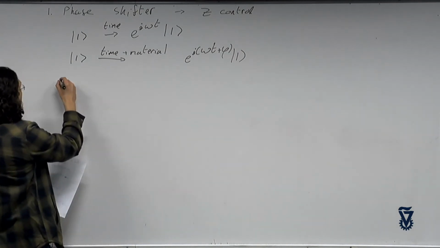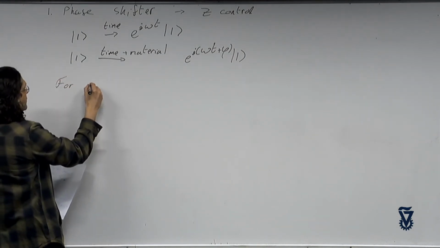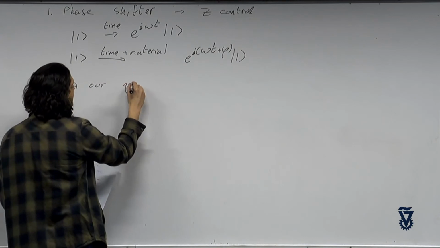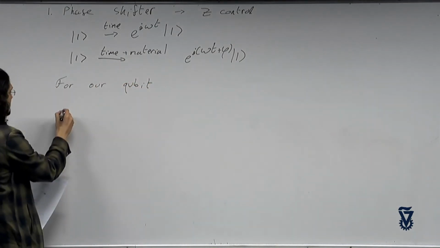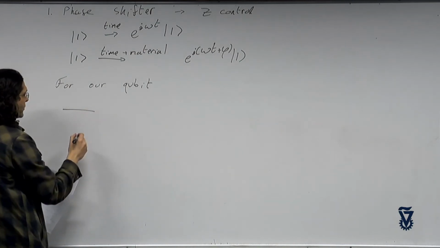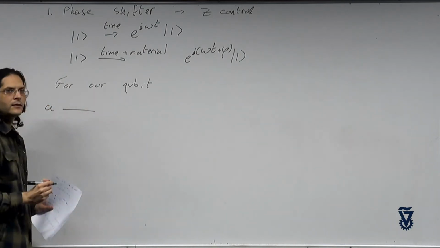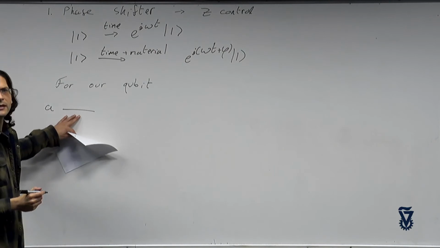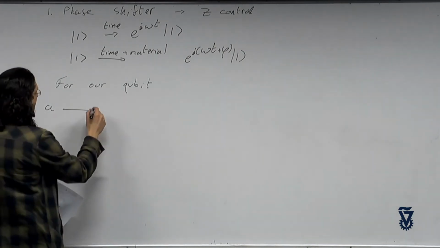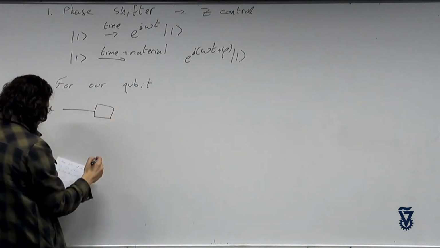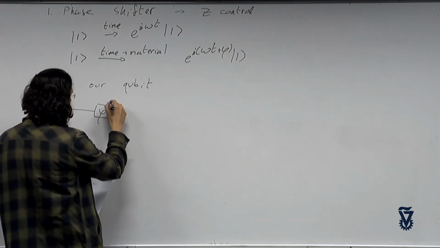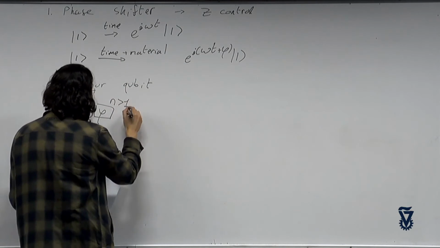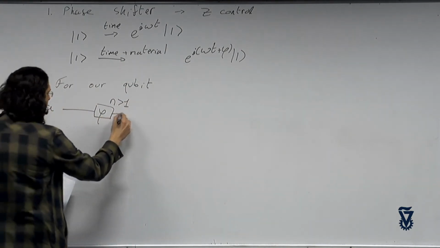For our qubit, I'm going to write explicitly what we get. Our qubit has two rails, so this is rail A, which symbolizes the mode A. On mode A, we're going to put a phase shifting material, so n is going to be larger than 1 for this material.